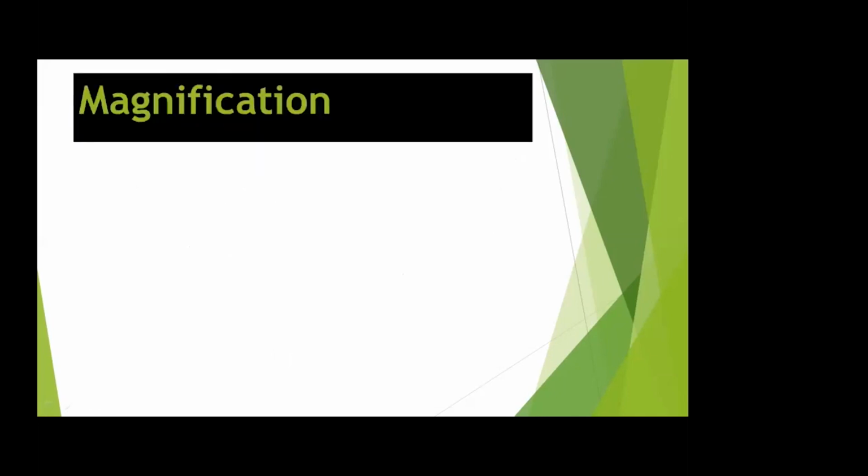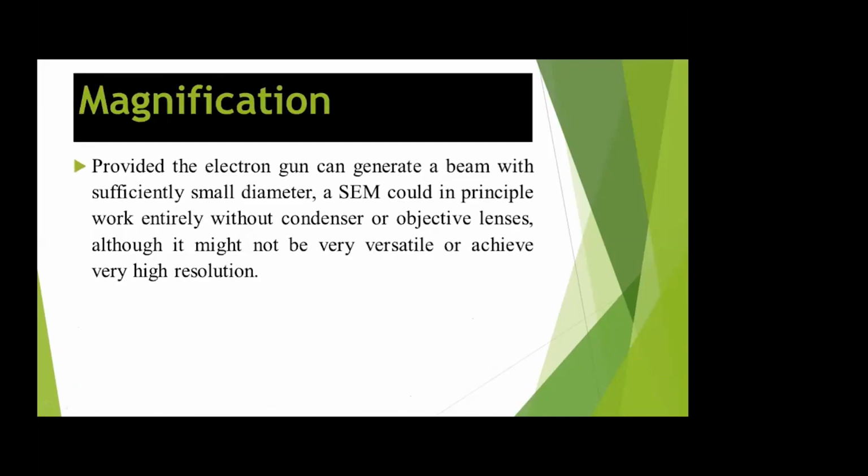How does magnification occur here? It's not like an optical microscope where a lens decides the magnification. Provided the electron gun can generate a beam with sufficiently small diameter, an SEM could in principle work entirely without condenser or objective lenses, but it may not be so versatile. By principle, as I already mentioned, the electron gun generates a very, very narrow beam of electrons.